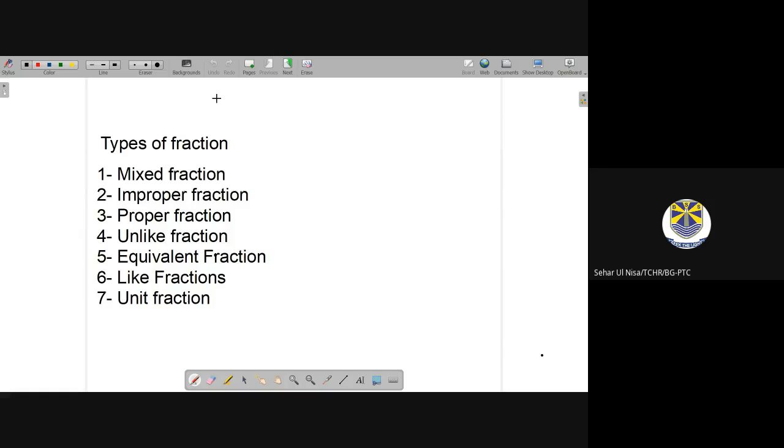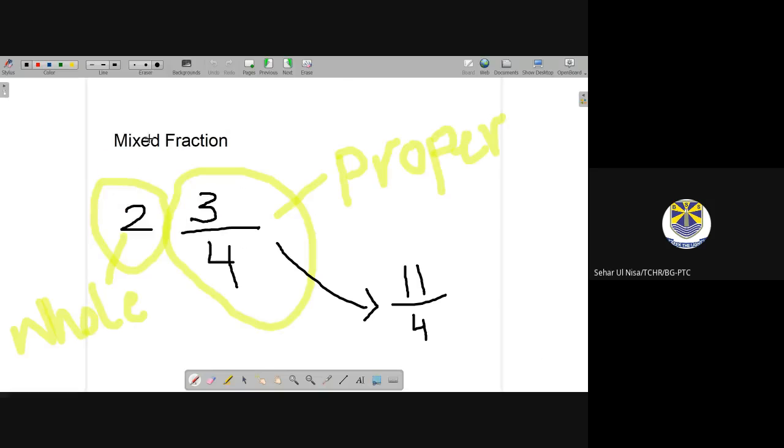So the first one is a mixed fraction. In a mixed fraction there are 2 parts. The first part is the whole number and the second part is a fraction, and that fraction will be a proper fraction.